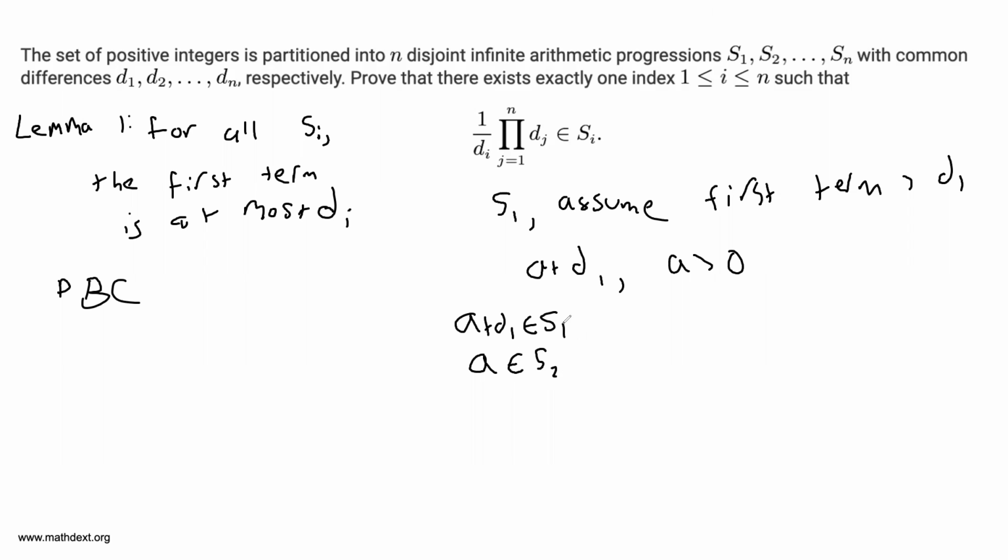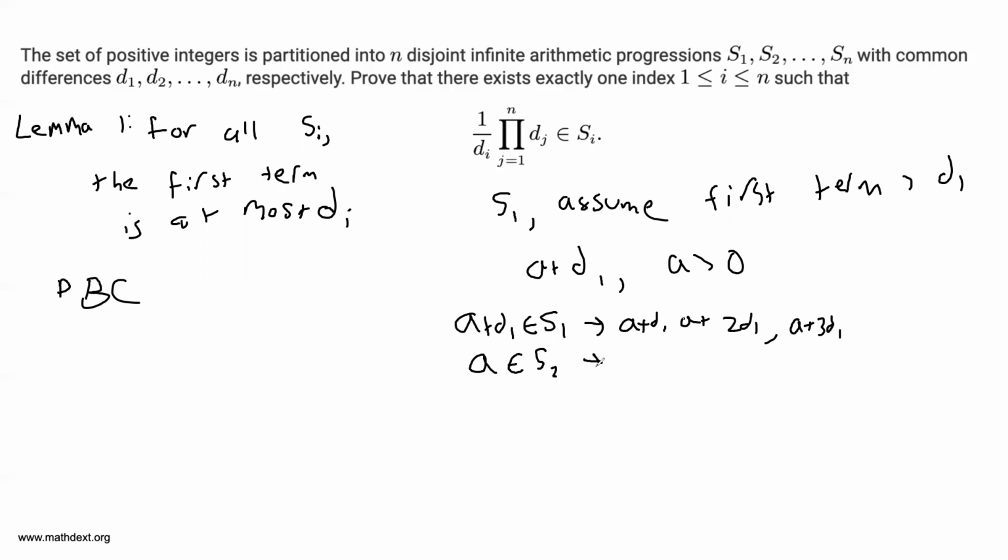So S1 consists of a plus d1, a plus 2d1, a plus 3d1, right? This makes sense because each time you're adding d1 to get the next term of the sequence.